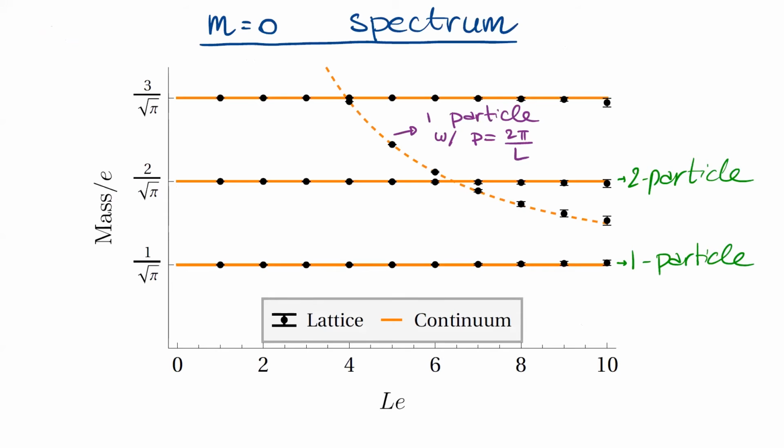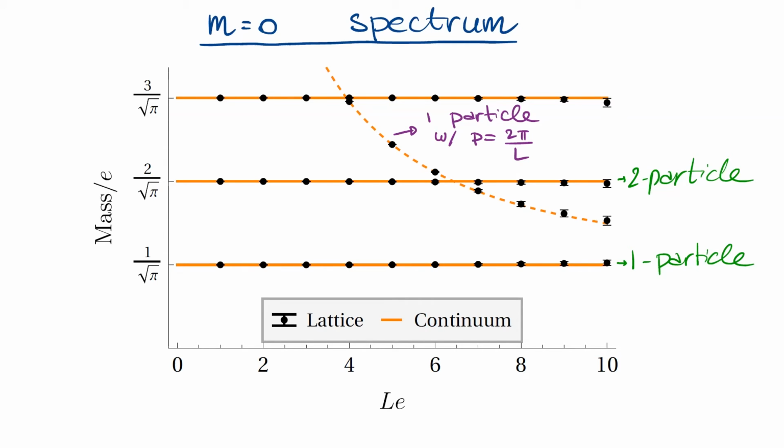I told you that the theory is free at m equals 0. Let me show you that we see a free theory. This is the radius of the circle times the electric charge, to make something dimensionless. I look at a fixed n, I fix L, and I look at a higher n, and then I extrapolate n to infinity. These things are fit with n to infinity, so they have some error bars, but they're pretty small in the case where L is small.